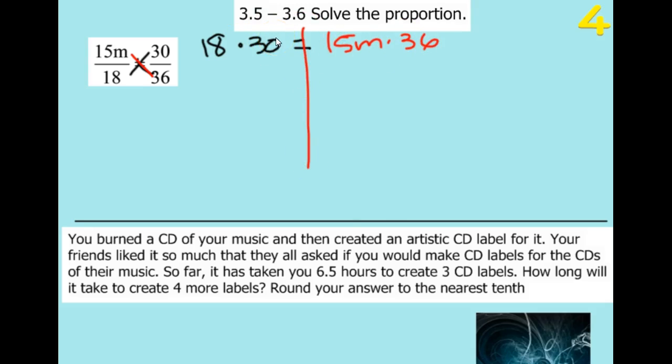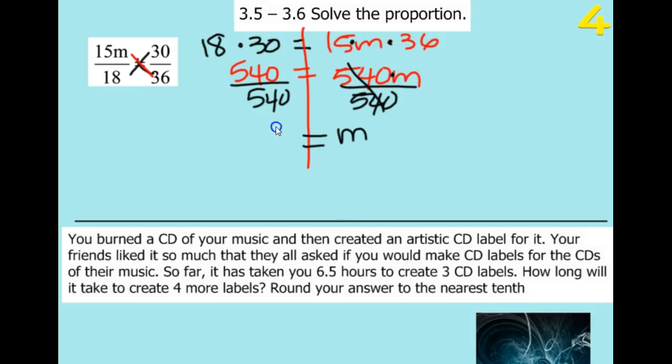That's just multiplying. 18 times 30 in my calculator gave me 540. 15 times 36 also gives me 540, but there's an m there. We can multiply these because this is really all multiplication. So if we get rid of this 540 by dividing, we have m equals 1. Not 0, that's 1.